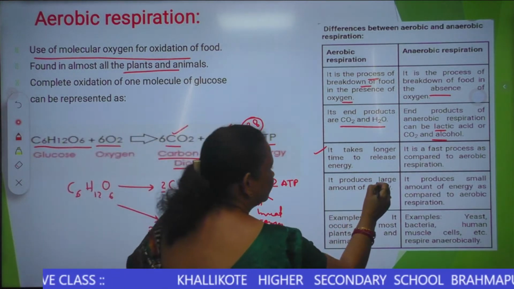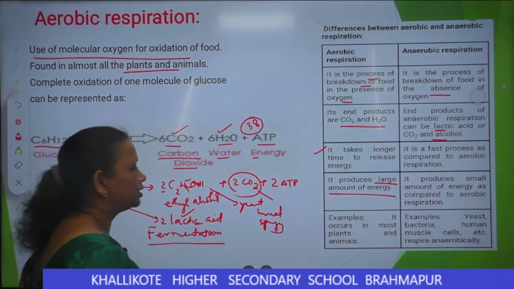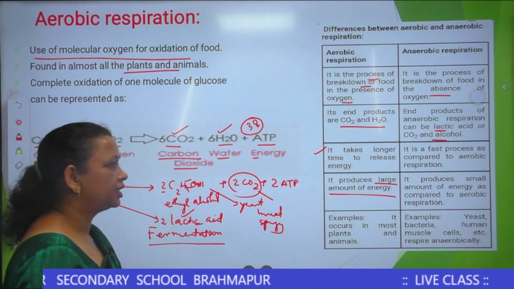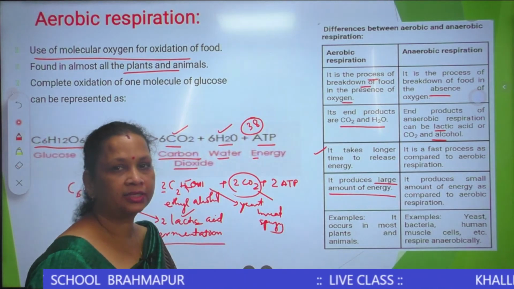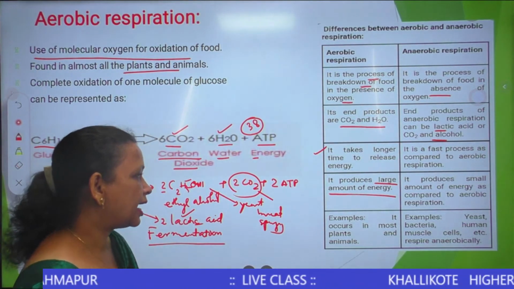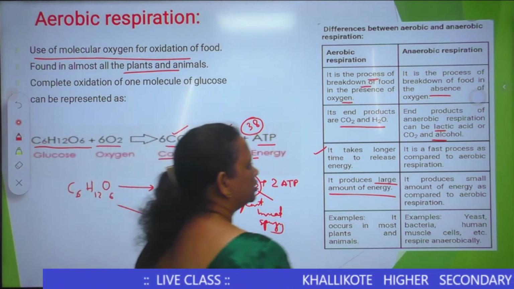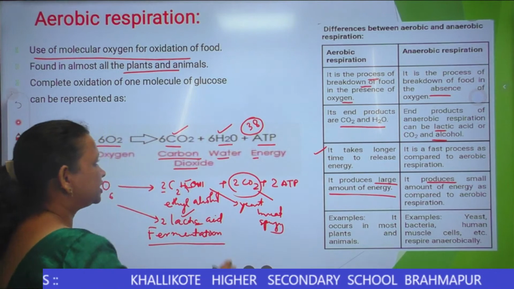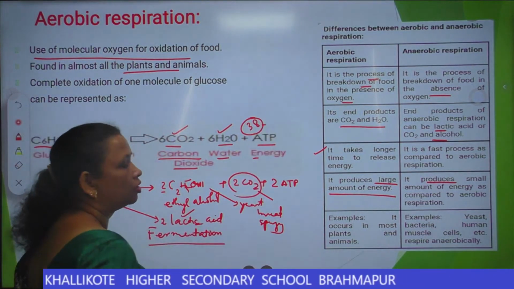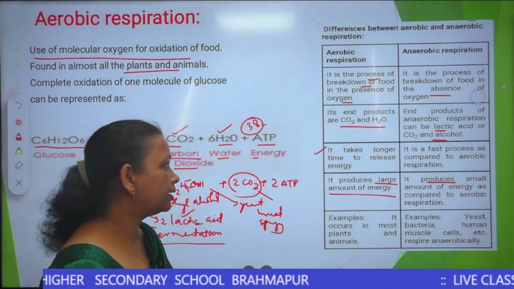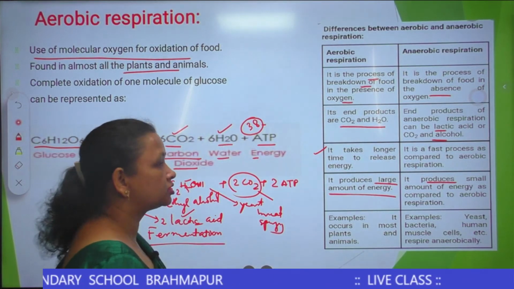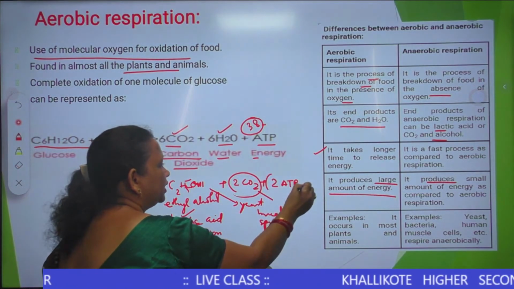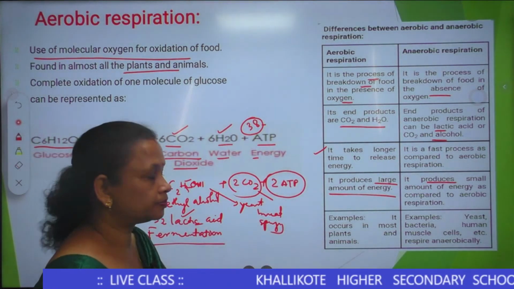The amount of energy liberated is higher in case of aerobic respiration, and the amount of energy liberated is small in case of anaerobic respiration. We get 38 or 36 molecules of ATP by complete breakdown of glucose in the aerobic path. In the anaerobic path, we get only 2 ATP molecules.